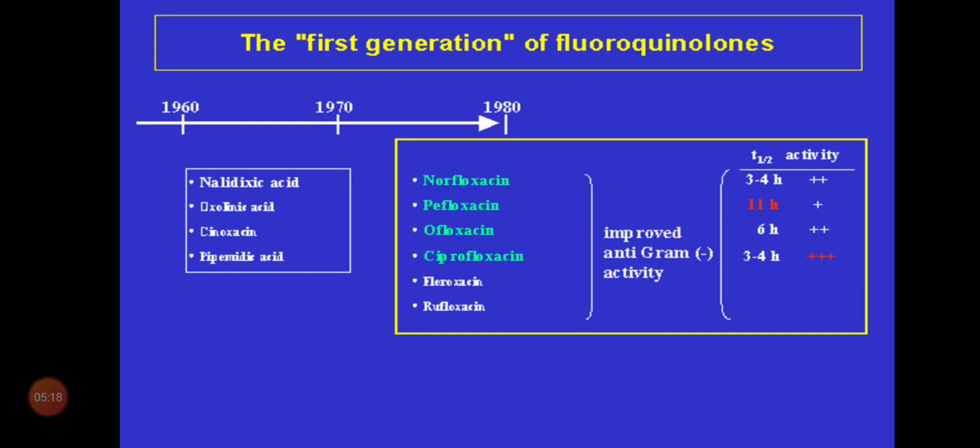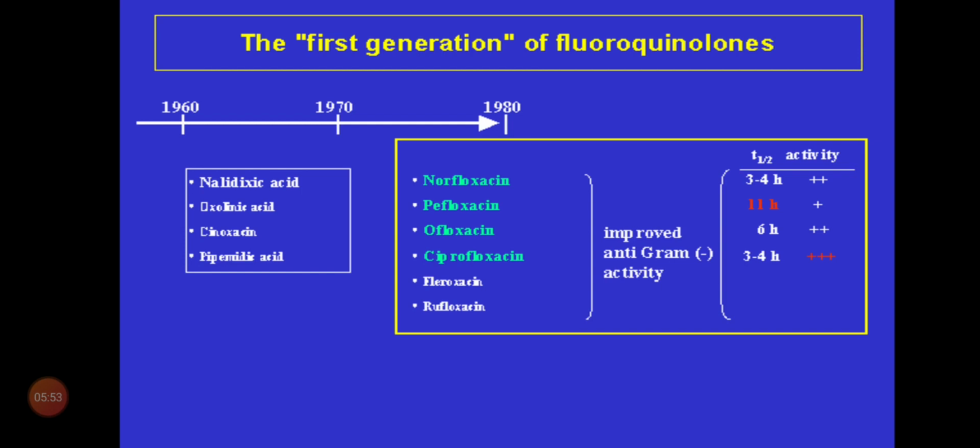The discovery of nalidixic acid, oxolinic acid, cinoxacin and pipemidic acid was done in 1960 to 1970. In this decade, these quinolones were discovered. From 1970 to 1980, norfloxacin, pefloxacin, ofloxacin and ciprofloxacin, these first generation quinolones, were developed, which have improved anti-gram negative activity and also the best half-life.